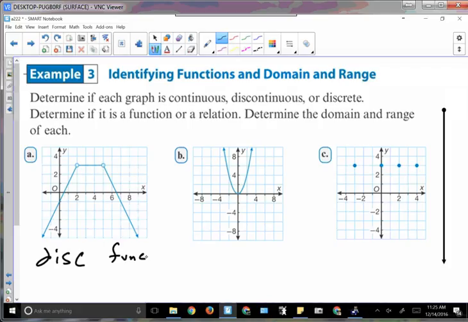Now, what does it mean to be a relation? What's the difference? You guys remember what the difference is between a function and a relation? Okay, you got the book open there. Does it say anything about what's the difference between a function and a relation?